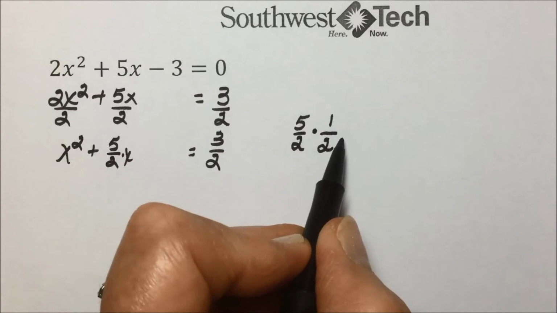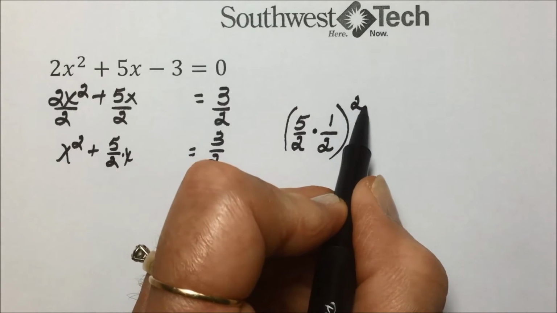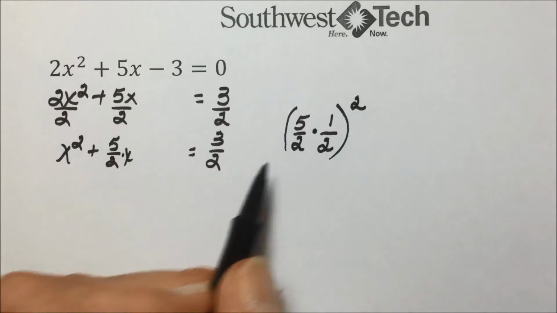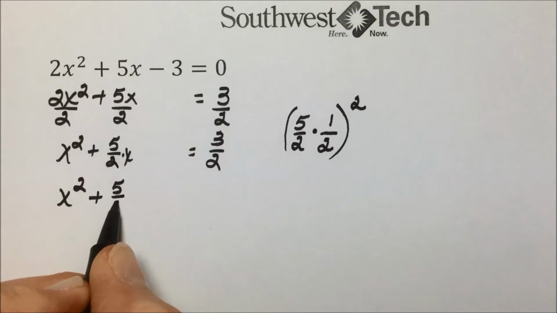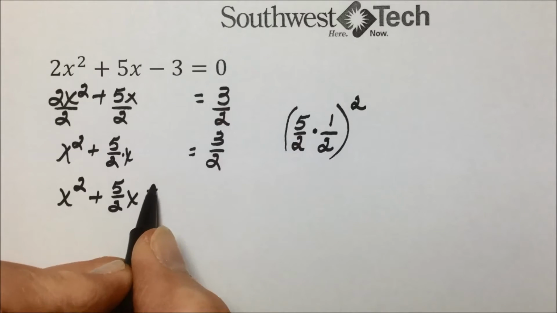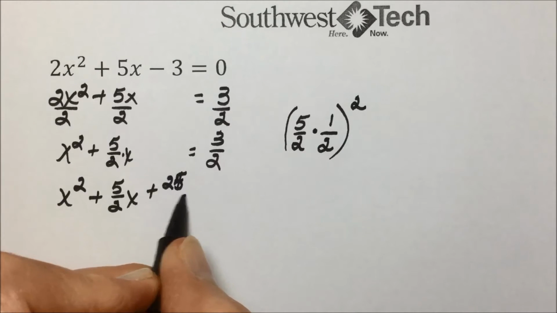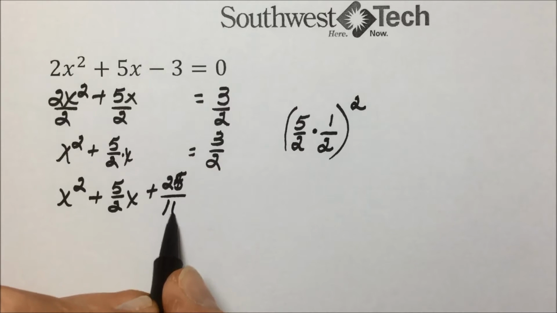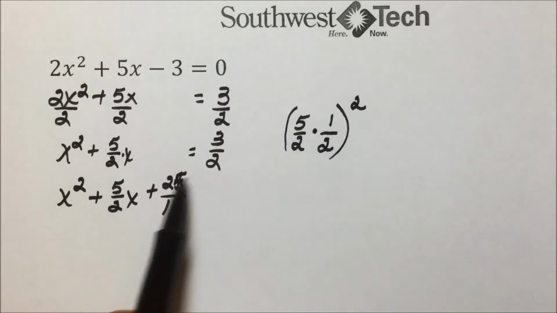That gives us a 5/4 that we then will square. 5/4 squared ends up giving us a 25, whoops, wrote a 4 there, 25/16. 5 over 4, 5 times 5 is 25, 4 times 4 is 16.